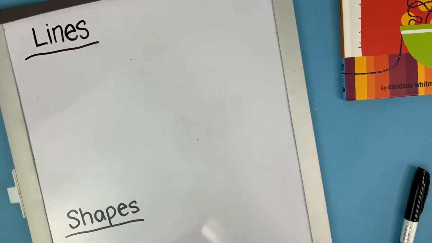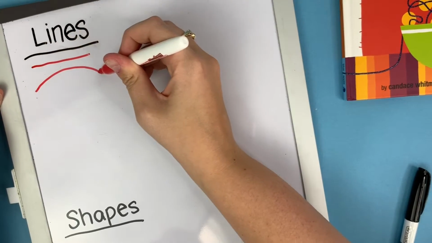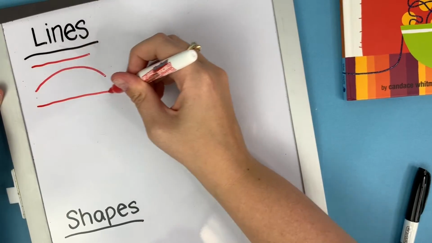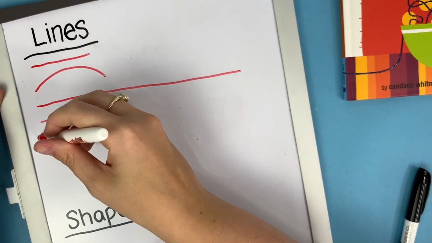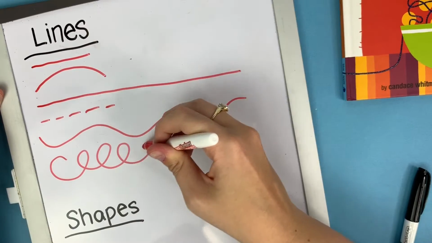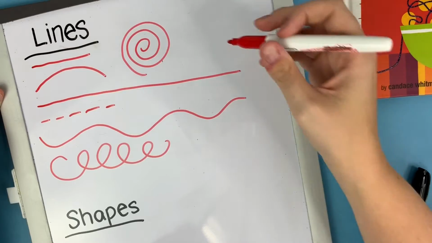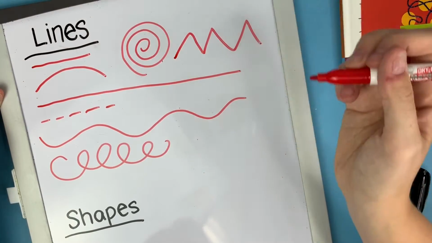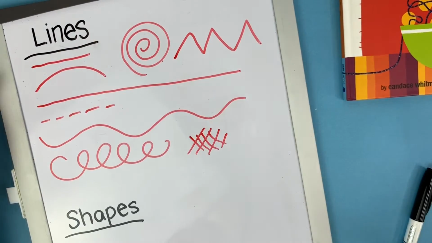Well, there are straight lines, curvy lines, long lines, short lines, wavy lines, curly lines, maybe circular squiggly lines, zigzag lines, crisscross lines, tons and tons of lines. And in order to draw a picture, all you need to know is how to draw lines.